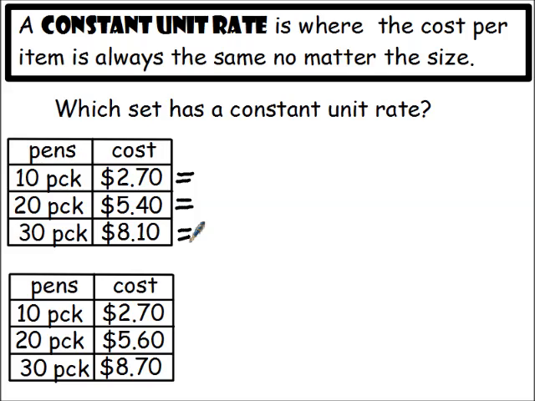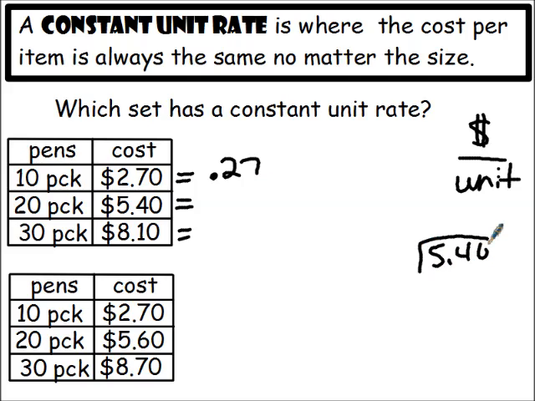So if you buy a 10-pack, you would have dollars divided by units. Okay, $2.70 divided by 10 would give us 27 cents. $5.40 divided by 20 would give us 27 cents.